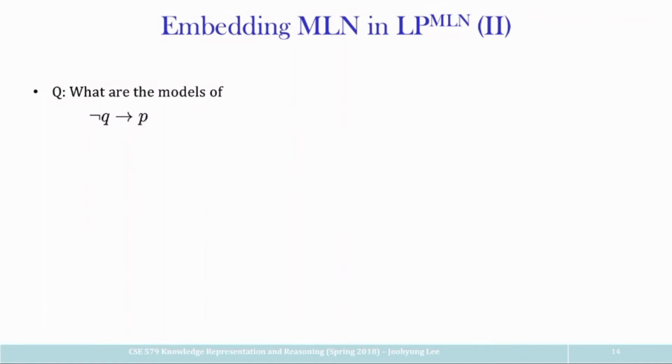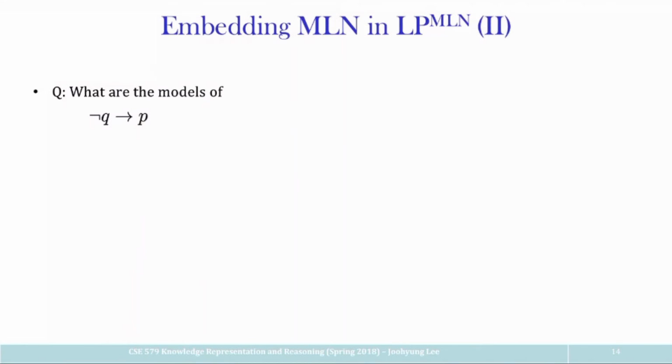P is a model, Q, P is a model. How many interpretations are possible? 4. Okay. And how many of them are true? 3.